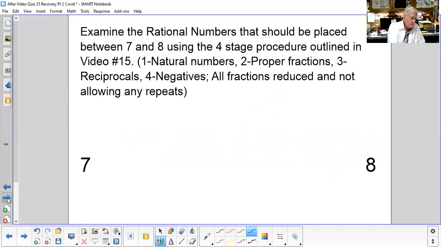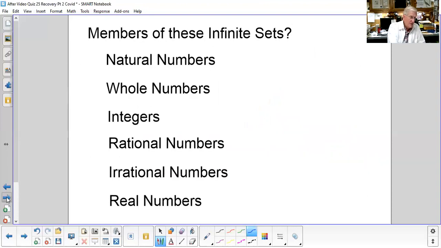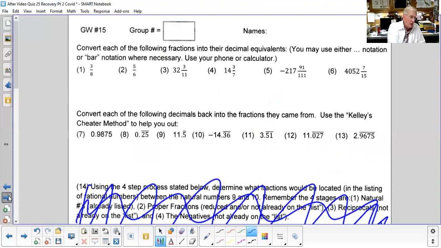Now, let me go up to a sheet now, which is called Group Work 15. All right, I would like you to go to Group Work 15, which was attached, okay? So I want you to take a look at the front of it. A lot of the sheet has been crossed out, okay?